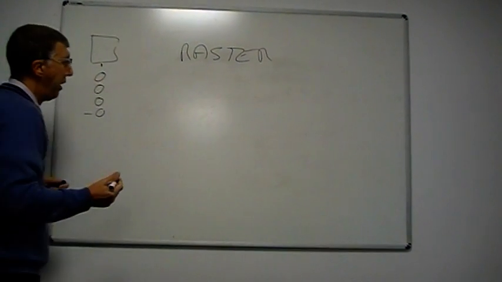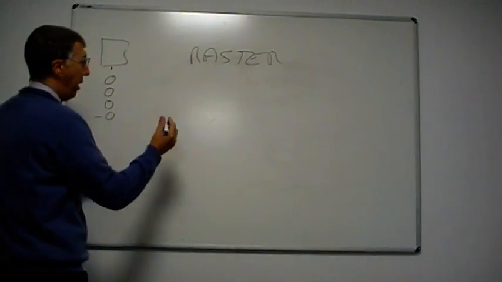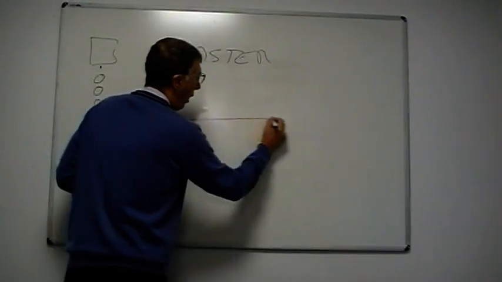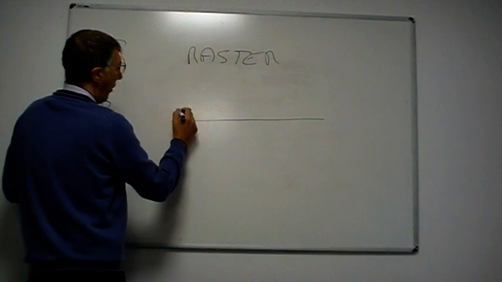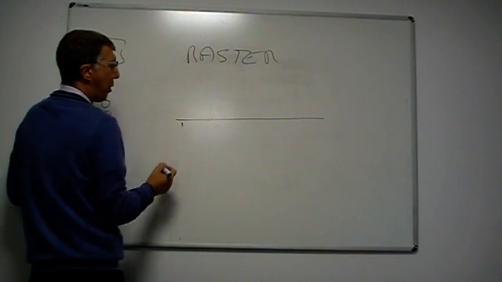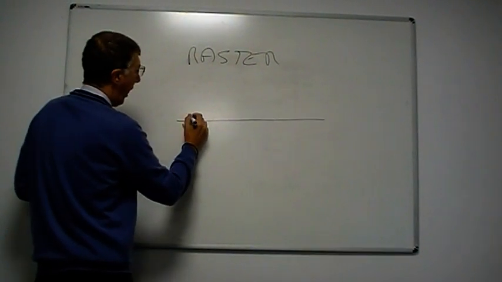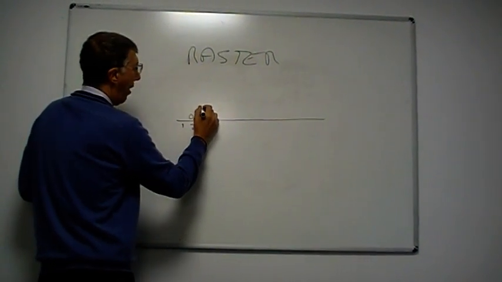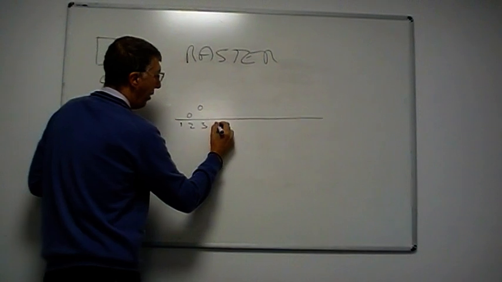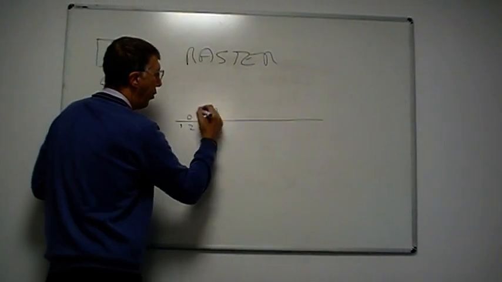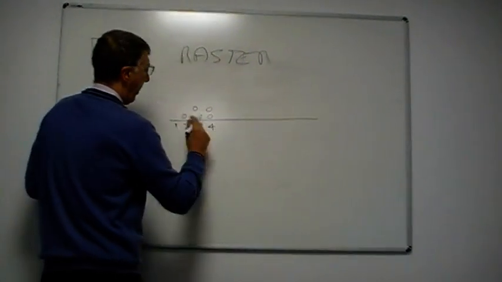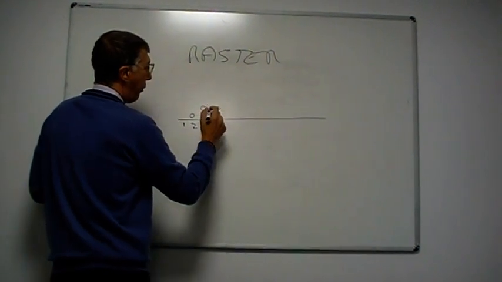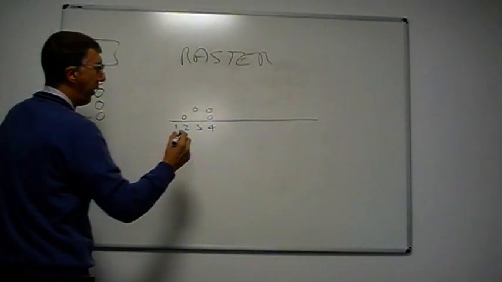So the raster, for instance, if we had a small one, you have no drops printed. We could have 1 drop printed. We could have 1 drop printed there. We could have 2 drops printed. As you can see, we're building up a binary pattern here.